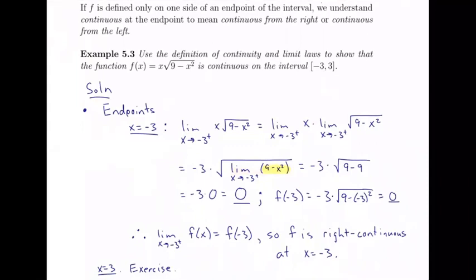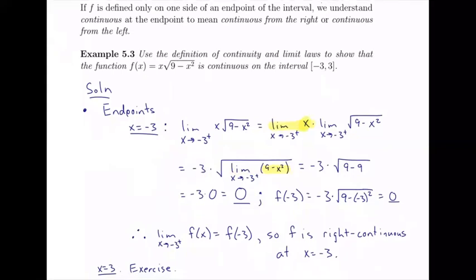Then all I have to remember is that 9 minus x squared is a polynomial. We have a theorem that the limit of a polynomial is equal to the polynomial evaluated at that limit value, -3. This limit just became -3 because of the identity function rule. So the limit as x approaches -3 of x is just -3.